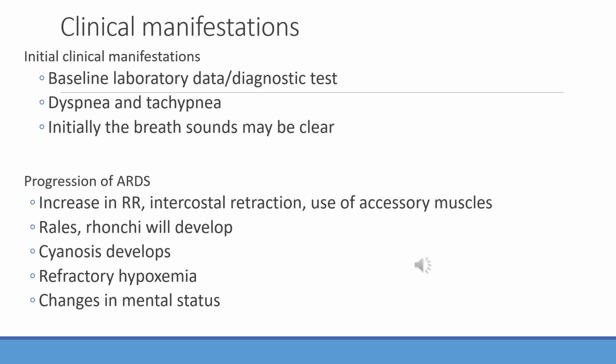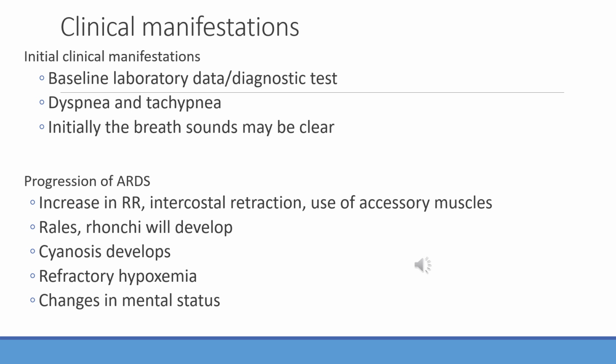As the breath sounds initially may be clear, later on they may have rales or rhonchi. As progressive respiratory distress develops, the client's respiratory rate, intercostal retractions, and the use of accessory muscles of respiration will all increase.